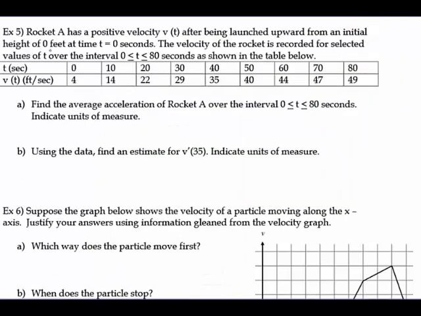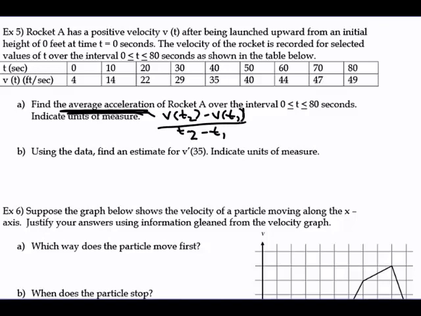Table 1. We've got rocket A has a positive velocity that's given here in this table. The velocity of the rocket is recorded for selected values, and they're shown in the table below. Find the average acceleration. Well, I didn't write down a formula for that, but what you need to think about is, if average velocity is position over time, average acceleration would be velocity over time. All right?